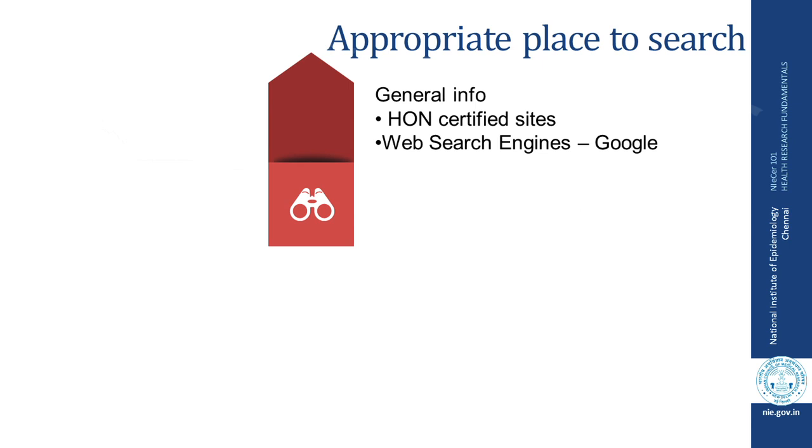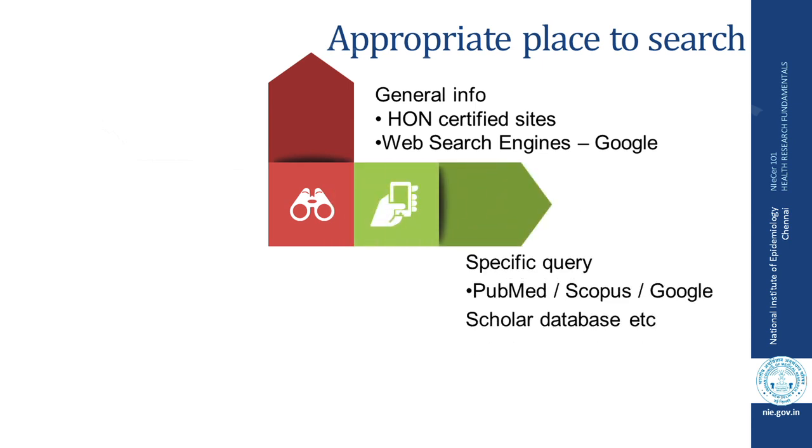So, there is an accreditation mechanism by a non-profit organization called Health on Net. These are called HON certified websites. These are accredited websites where you can get authorized, reliable information about a specific health related event. That is general information, but by a professional, by a researcher.